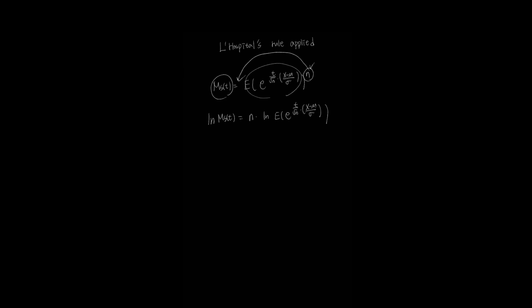To investigate how the central limit theorem works, we put n to infinity. So both sides, n goes to infinity, and also this side. N goes to infinity.